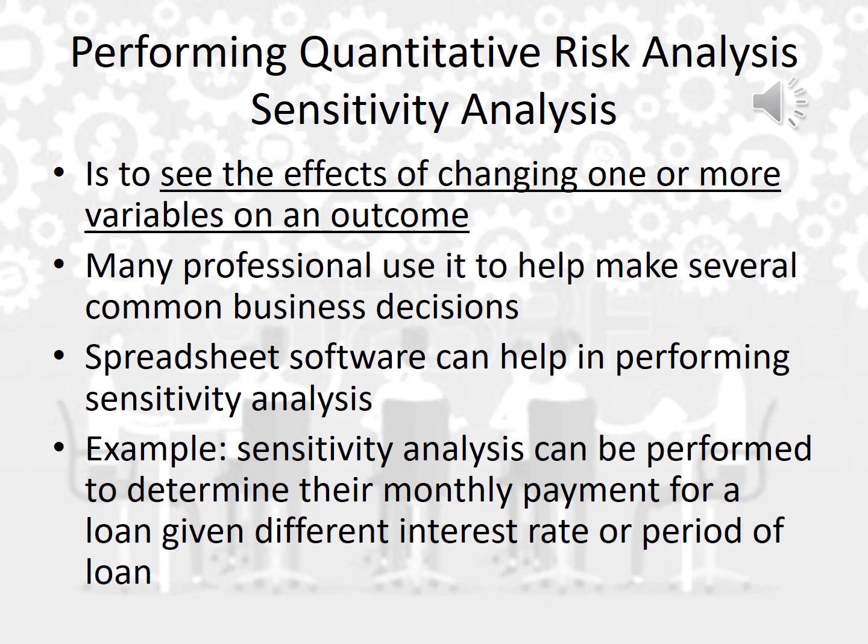So I need such a model to help me see the effect of the change when I'm changing the variable, which is the interest of the loan. What will be the outcome as an effect? That can help. Also, if the period of time of the loan will be different.